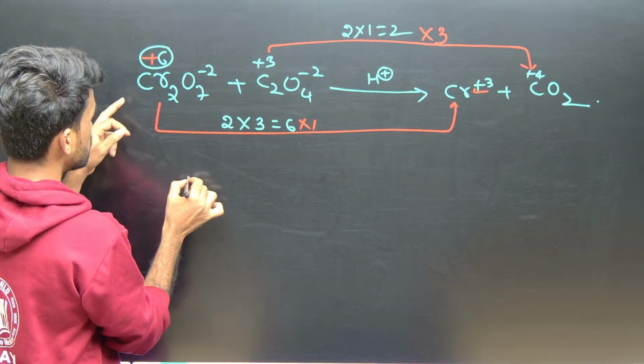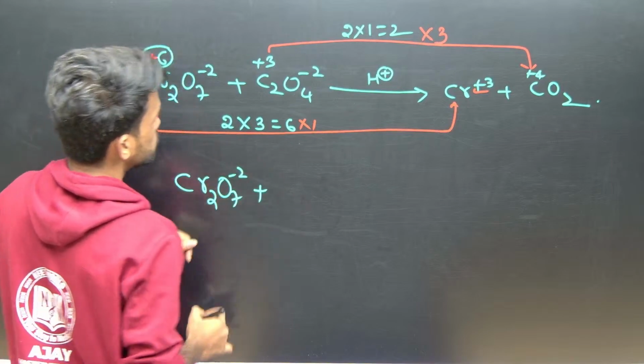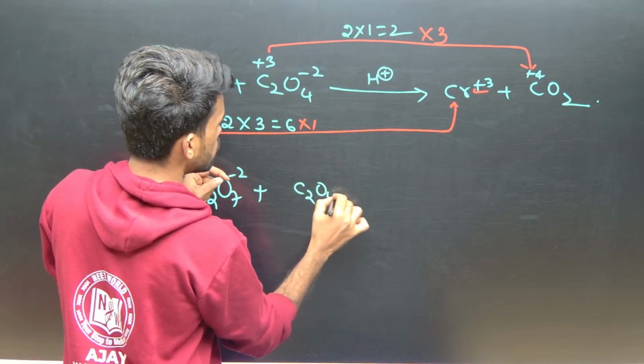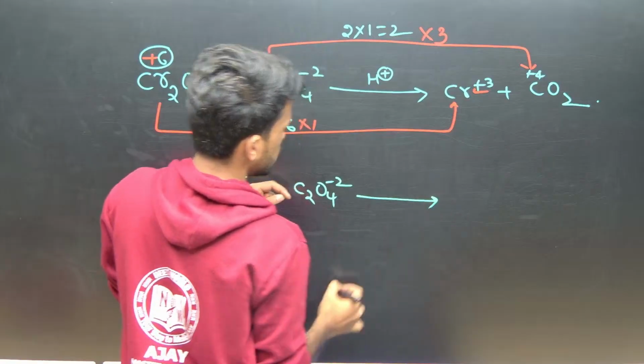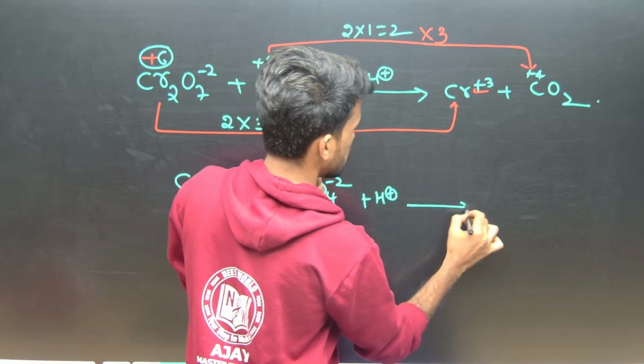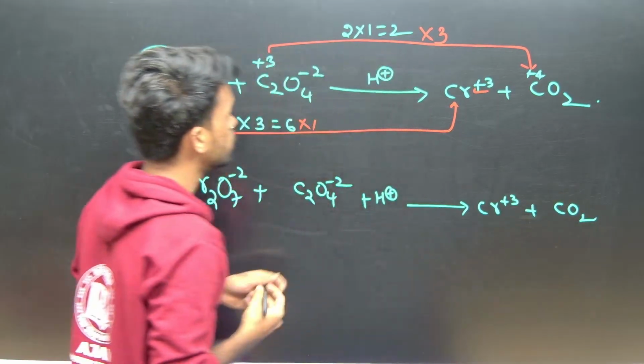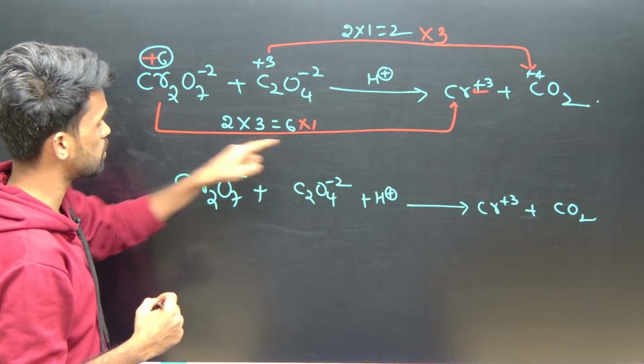So you can write Cr2O7 2 minus plus C2O4 2 minus plus H plus converting into Cr plus 3 plus CO2. The reduction equation remains as it is.